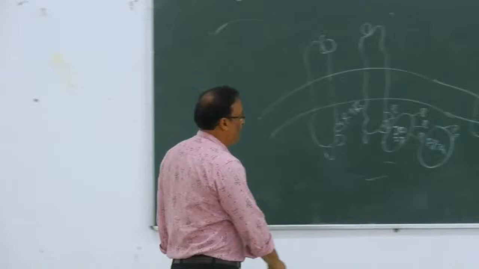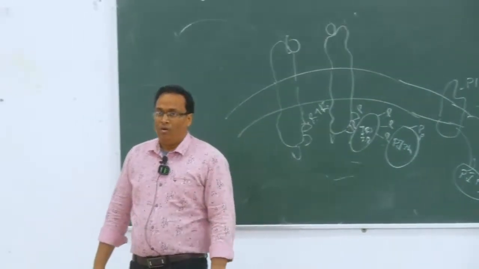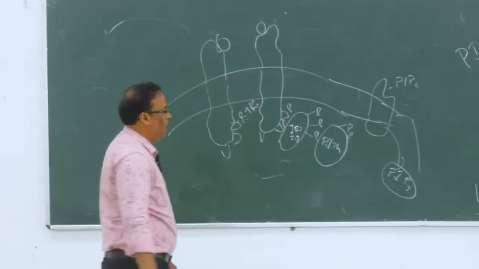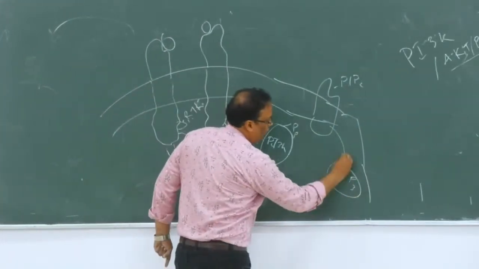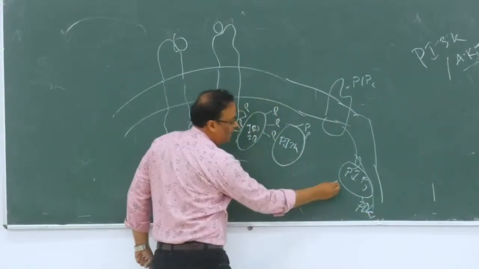So ultimately we have to come to this component in the mechanism of insulin. Why is it important? PIP3 then connects with another protein, that is PDK1.